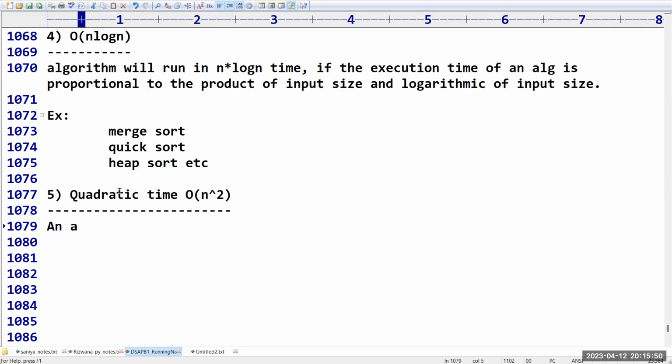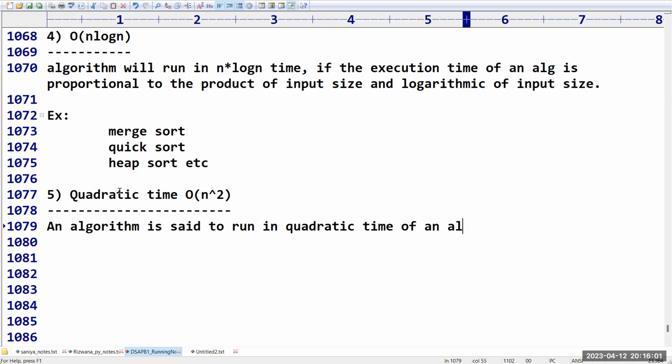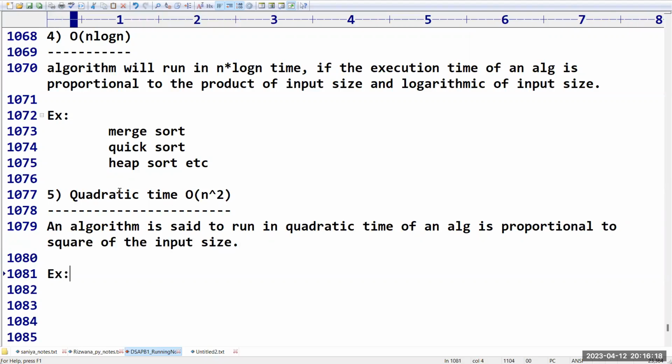An algorithm is said to run in quadratic time if its time is proportional to the square of the input size. There are some algorithms which will work with this.